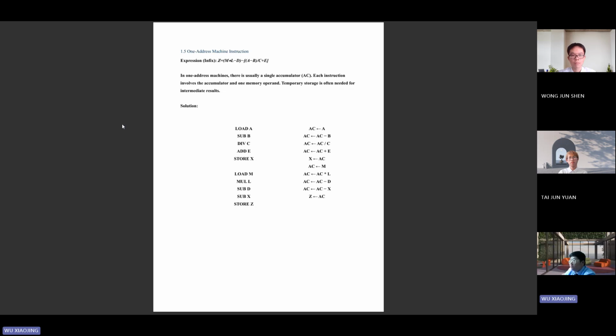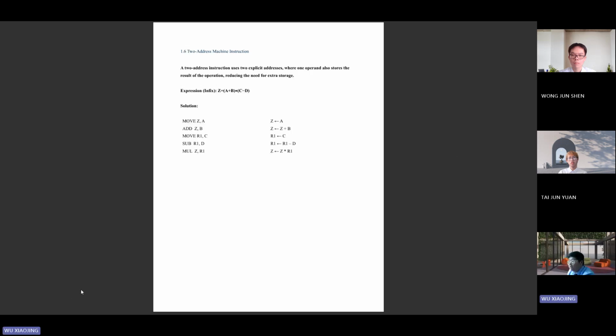For the expression, we use commands like load to put a number into the accumulator, and store to save the result into memory. For example, to subtract B, we must write sub B. This means the current accumulated value minus B. This format is simple but requires temporary storage to complete the math.